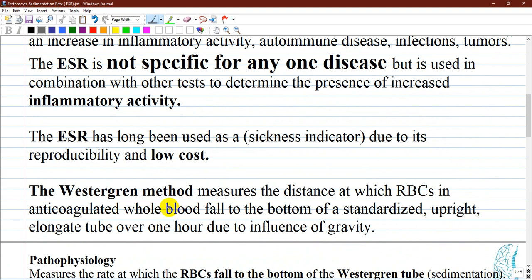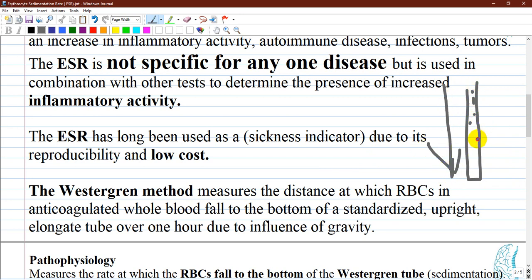The Westergren method measures the distance at which red blood cells in anticoagulated whole blood fall to the bottom of a standardized upright elongated tube over 1 hour.